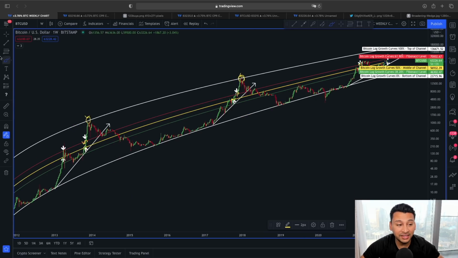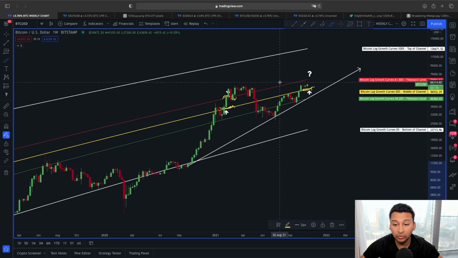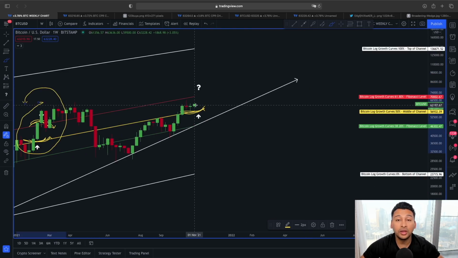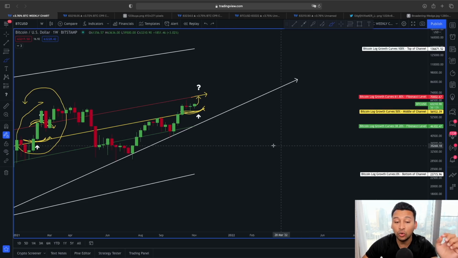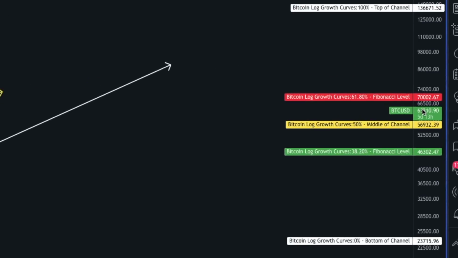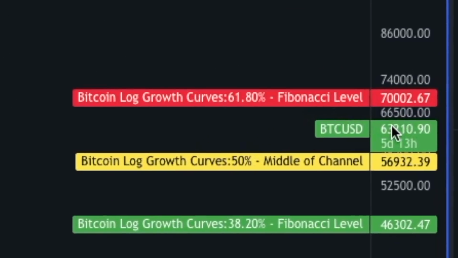If this exact scenario is going to play out just like here, and also here from 2017 along with 2021, then this is also an indication the price of Bitcoin could at least head towards this 61.80 Fibonacci line before the price chooses an actual trend direction, because we are aware the 61.80 in our case right now is sitting around the 70,000 price area.